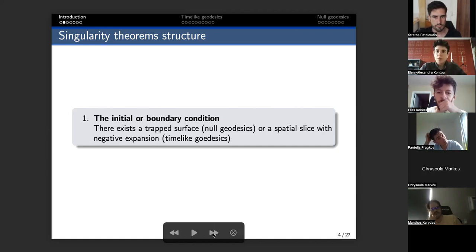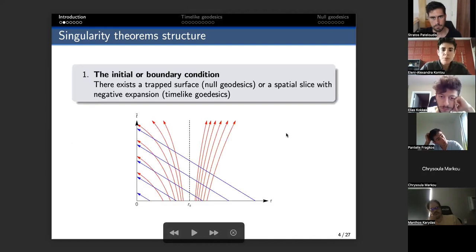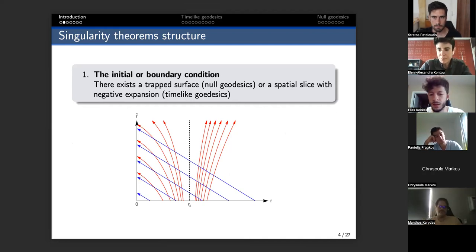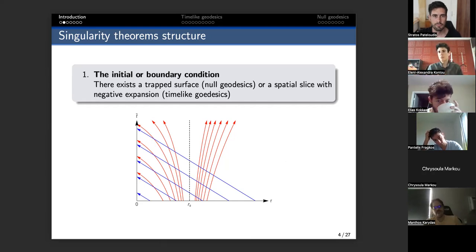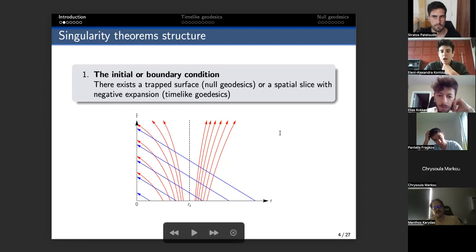To understand a little bit what that means, I'm going to give two examples. For the null geodesic, take the example of the Schwarzschild geometry. So this is in Eddington-Finkelstein coordinates, and the blue lines represent the ingoing null geodesics. As we expect, the ingoing null geodesics go from some point in space into the black hole and end up at r equals 0. The strange thing is what happens with the outgoing null geodesics, the red ones.